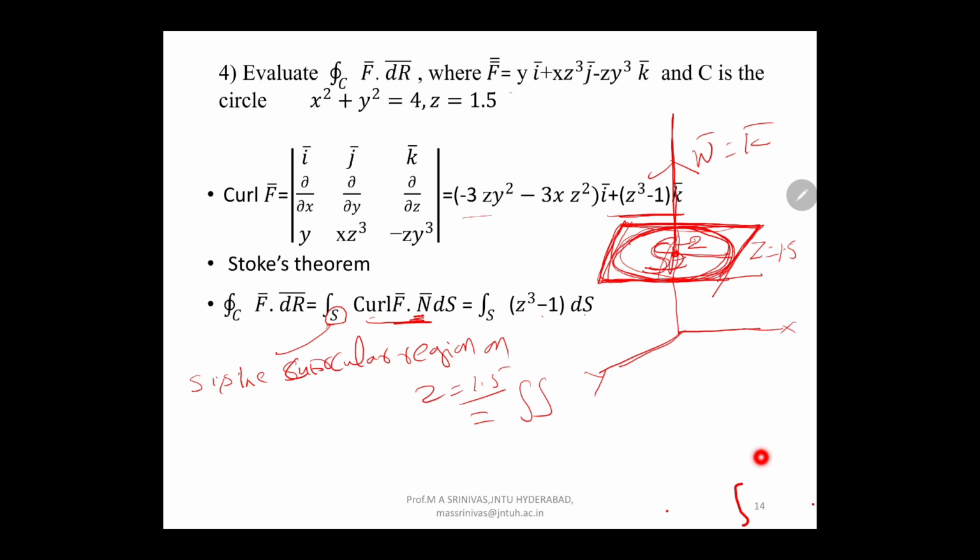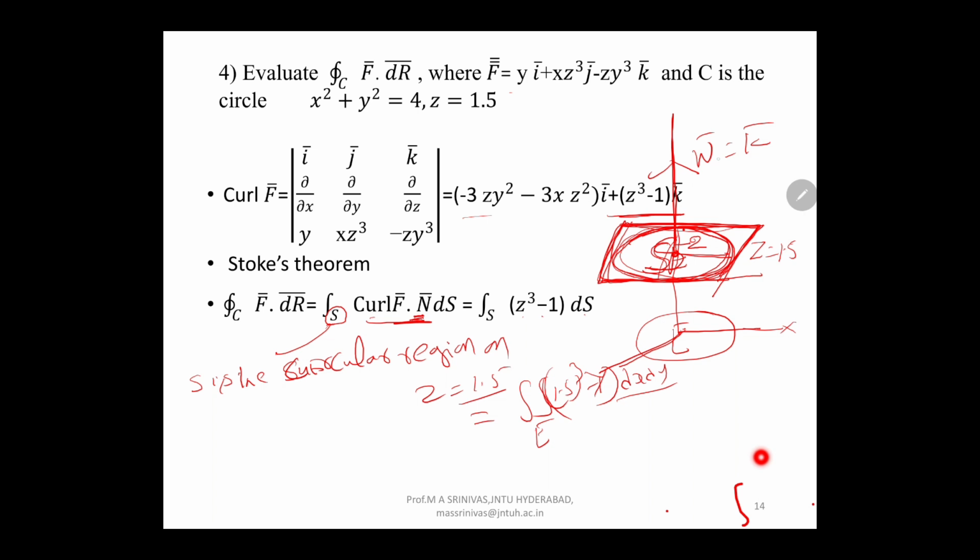So what is z cube minus 1 ds? I will take the projection of this on the xy plane. If I take the projection on the xy plane, this is my region E. What is z on the surface? 1.5. So 1.5 whole cube minus 1, and ds is dx dy by n bar dot k bar.